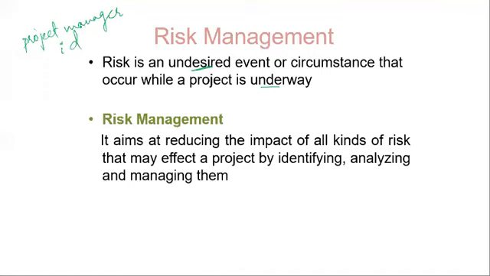So when you identify the risk, it will be easy for you to eliminate those risks. Now the definition for risk management goes as: it aims at reducing the impact of all kinds of risk. Now, there are different types of risk. Risk management is going to reduce the impact of these risks that are going to affect your project by identifying, analyzing, and managing them.